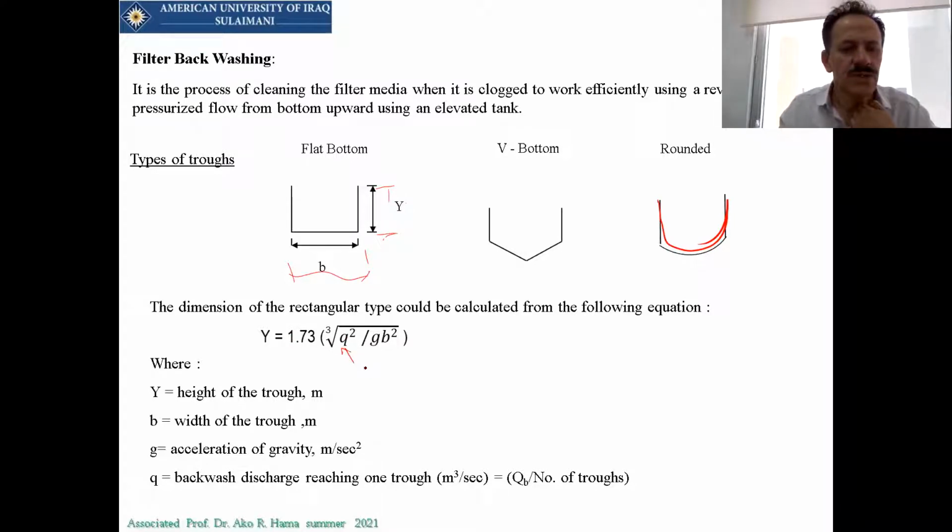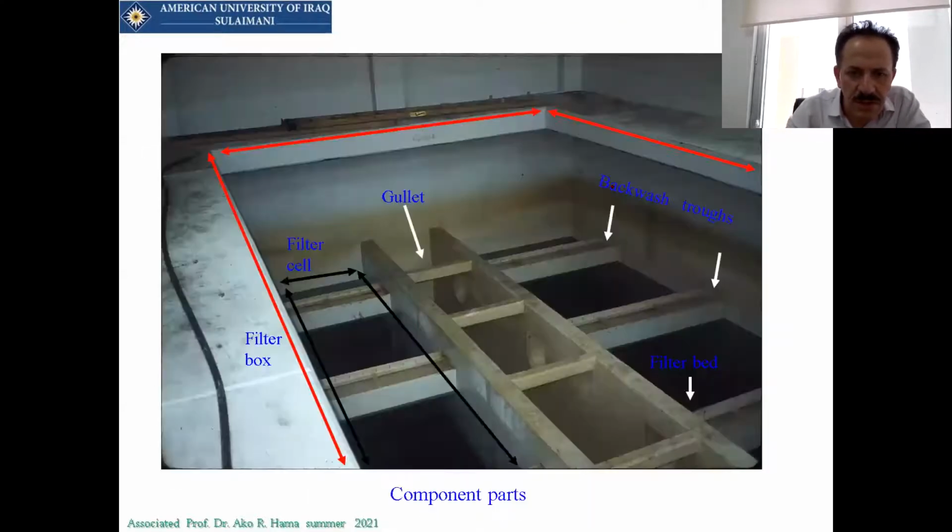Q is the flow per one channel, where channel means trough. For example, look at this one: 1, 2, 3, we have 6 troughs.